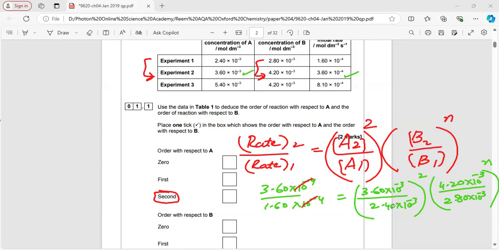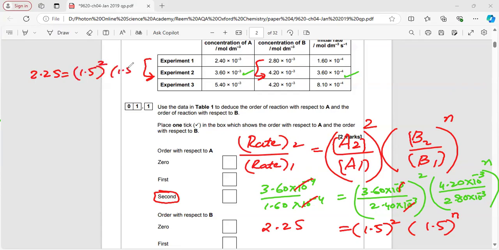When you solve this, 2.25 is equal to 1.5 raised to power 2 times 1.5 raised to power n. That small n represents the order with respect to reactant B.